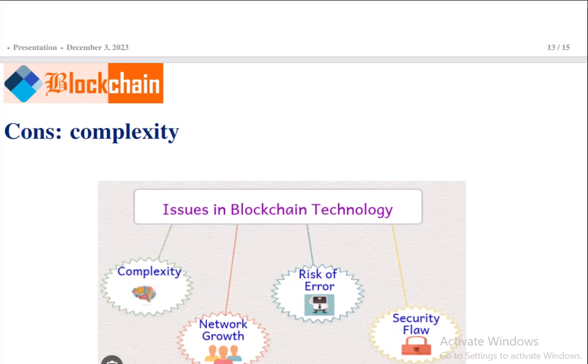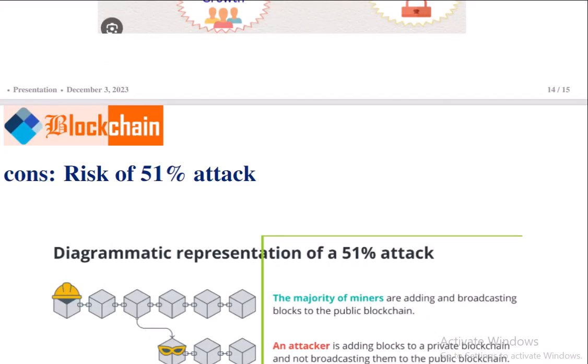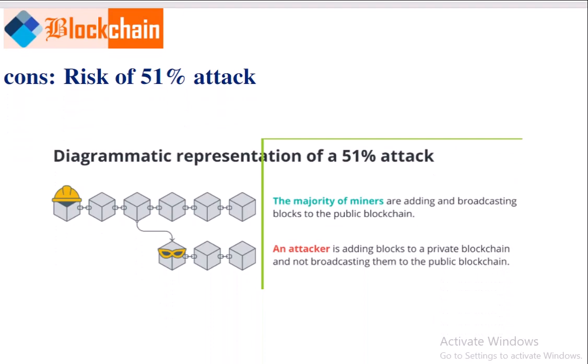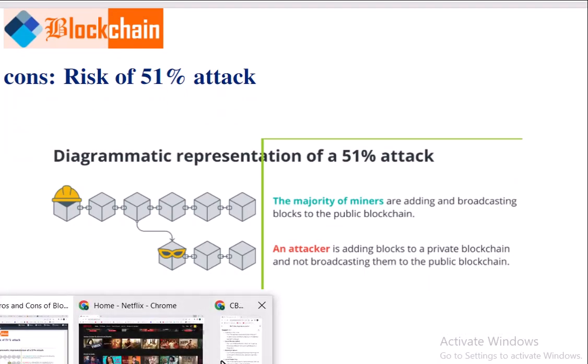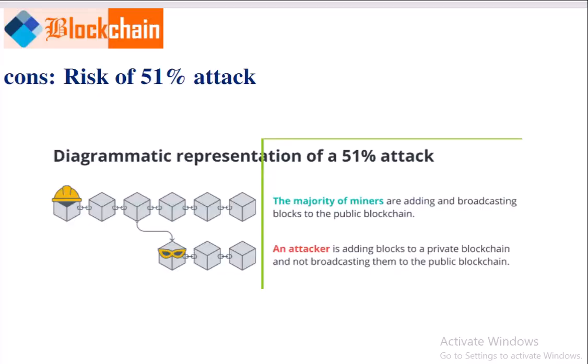The loss of a private key is also an issue. If a user loses access to their private key, there may be a permanent loss of control over his assets. And the last drawback, which is sometimes called a benefit, is the risk of a 51% attack.